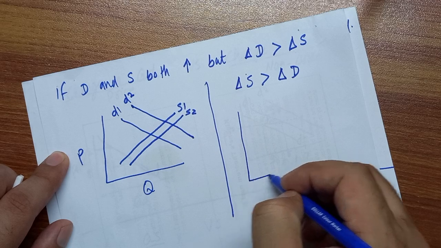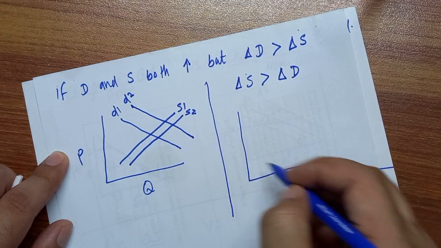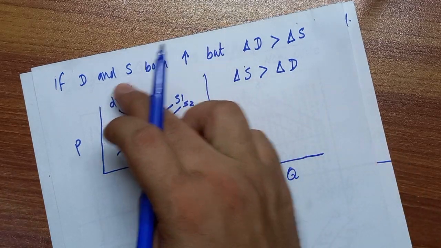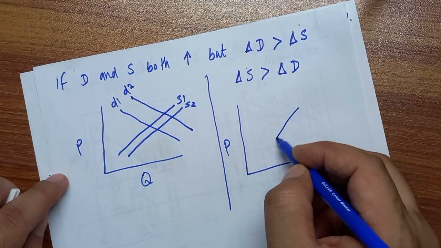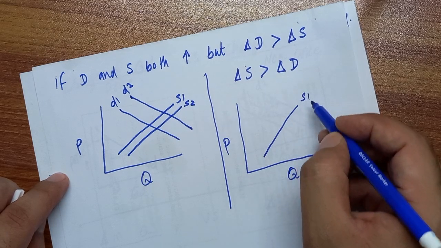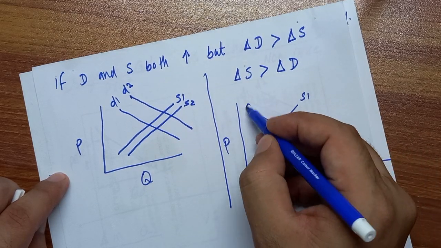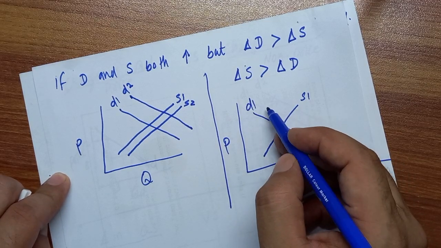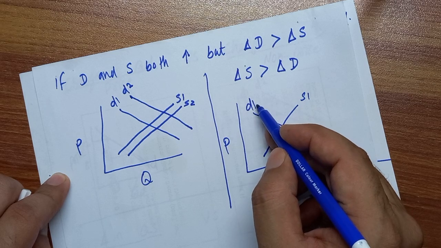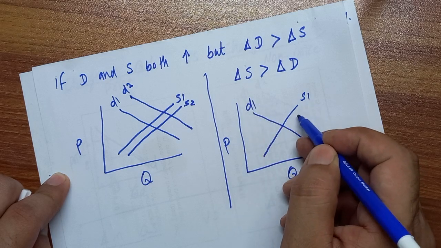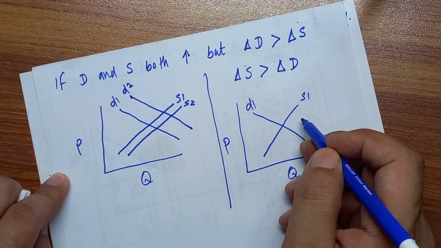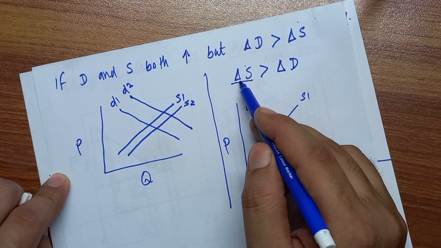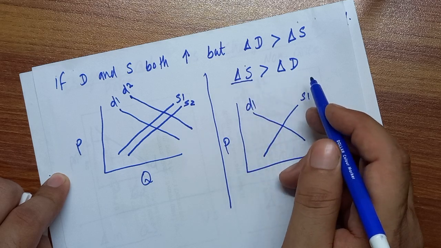So this is the graph, quantity, price, and we have an increase in both. This is the original supply and this is the original line of demand. If we have an increase in demand, we will draw above the original line, and if we have an increase in supply, we will draw below the original line. But here we say that in this condition the change in supply is greater than the change in demand.